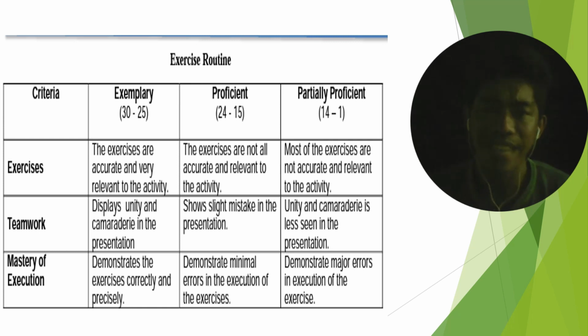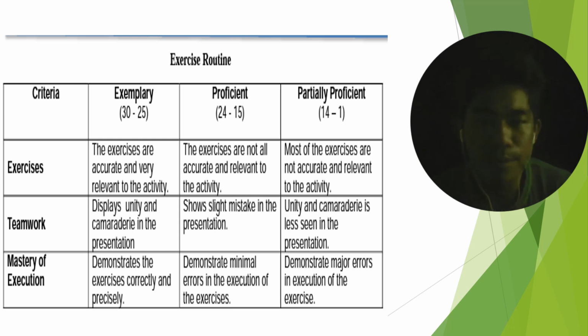And this is how you will be rated for this performance and this activity. For the exercise plan that you have, you will get 30 to 25 points if the exercises are accurate and very relevant to the activity. 24 to 15 points is proficient if the exercises are not all accurate and relevant to the activity.